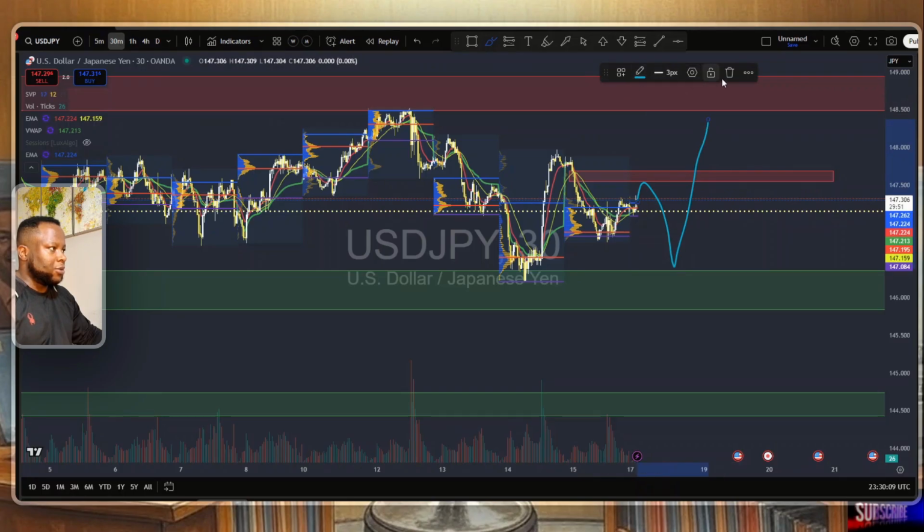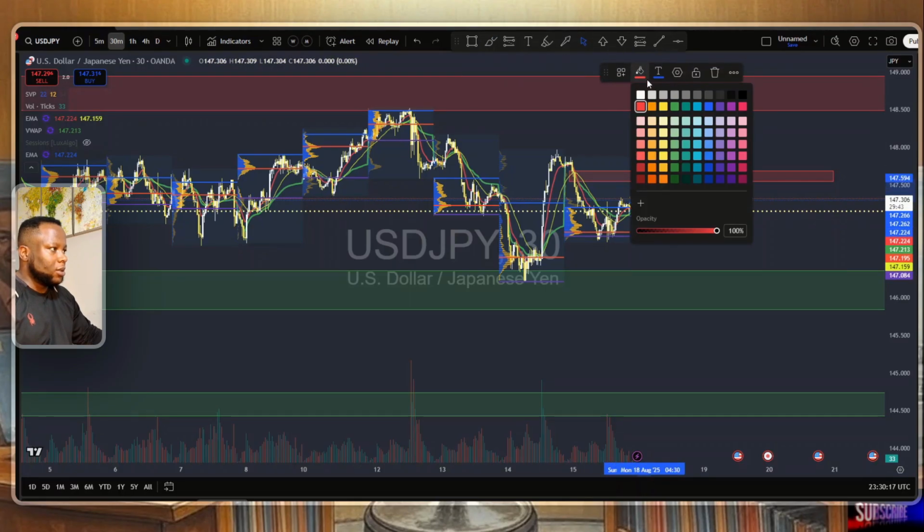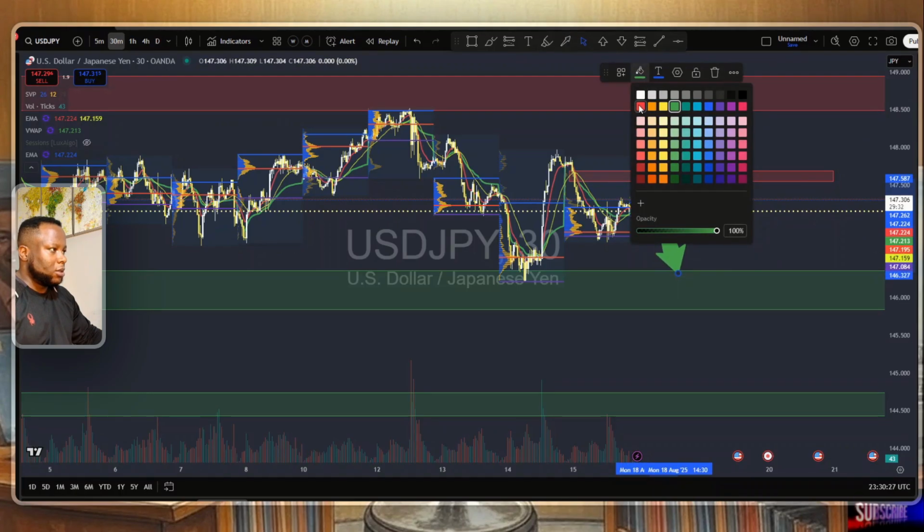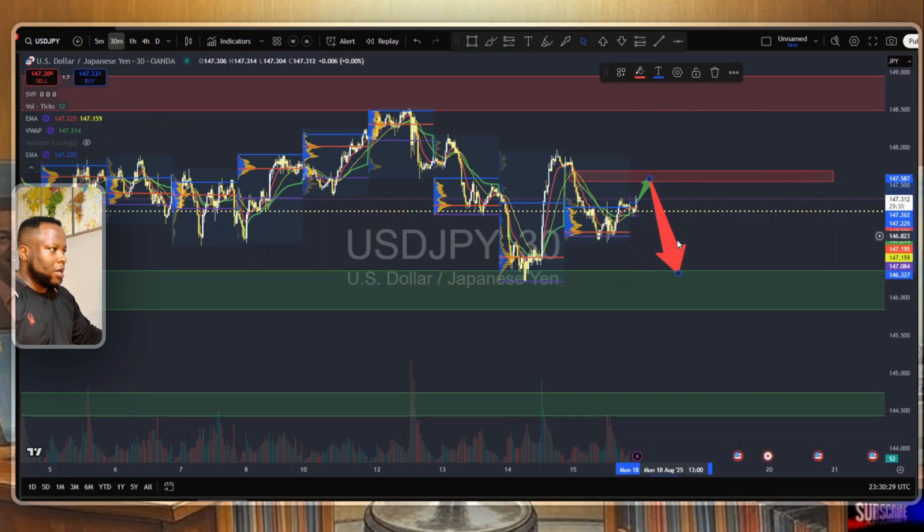I will just put my arrows because I always do these little arrow things that people like. Wait for the little retracement there and take the dump from there to our buy area. Then you can take it from the buy area to the next resistance at 148.52.